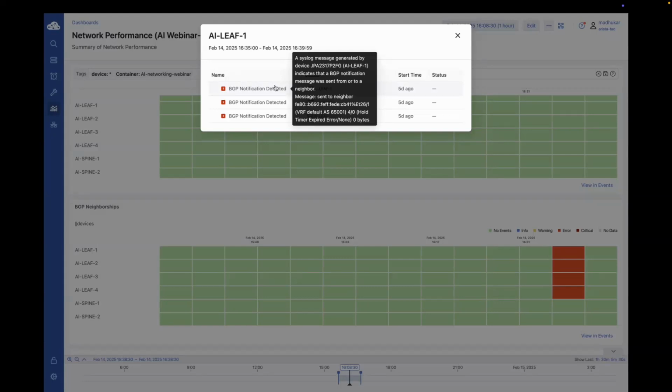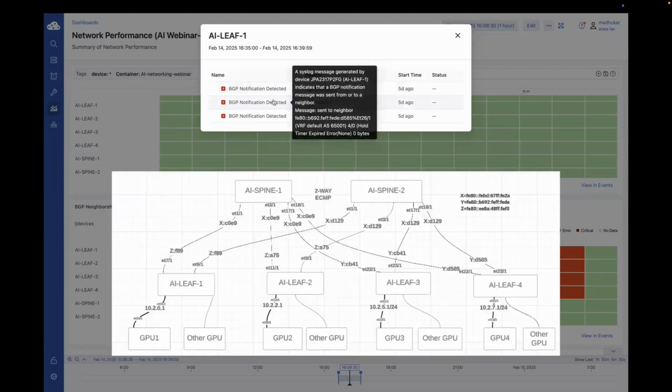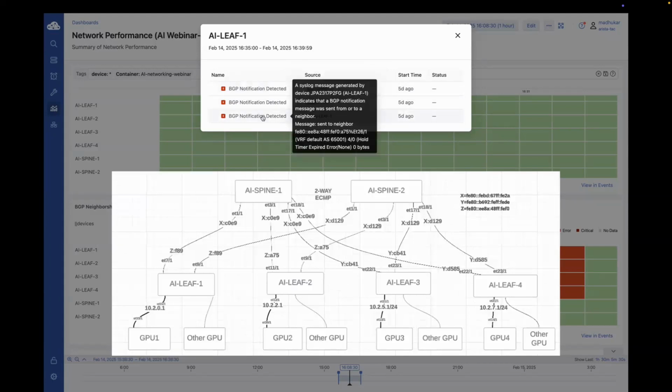If we check the other events under the same sub events, we see that these are also BGP notification messages for IPv6 peers, all learned over ET26/1. Now, if we compare it to the original topology diagram, we see that we don't have any connections or any relevant uplinks from ET26/1, or any BGP connections apart from AI spine 1 and spine 2 from the AI leaf perspective.